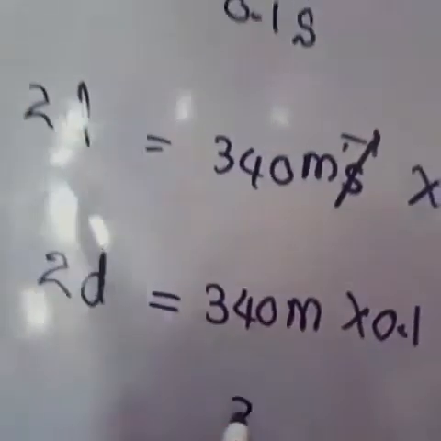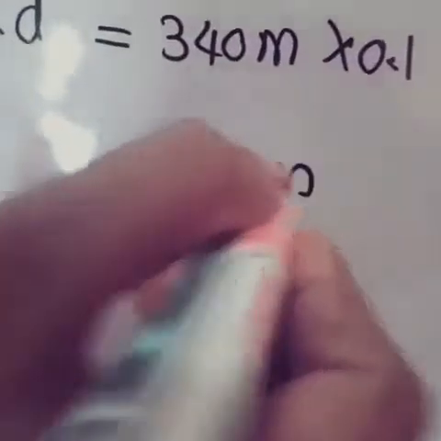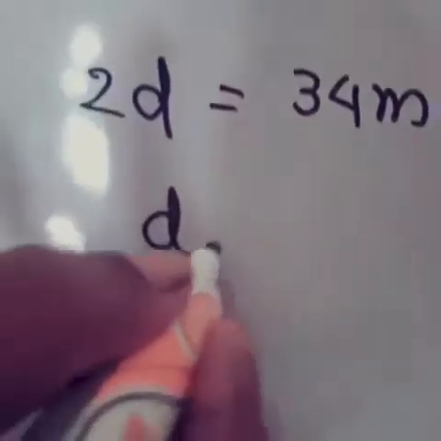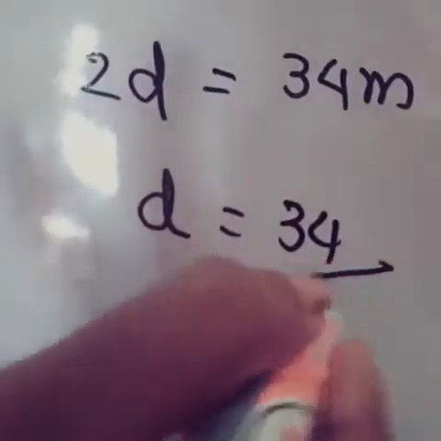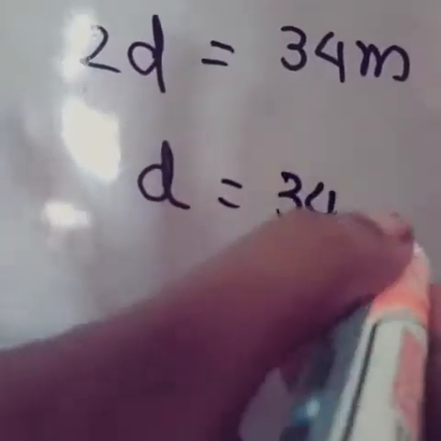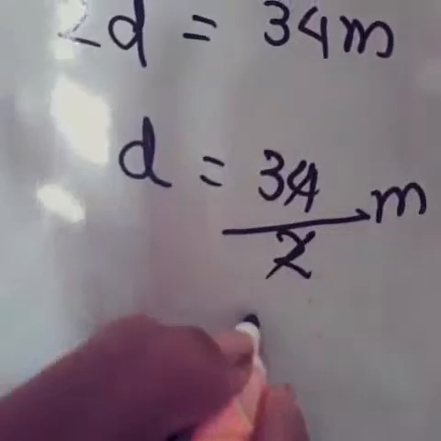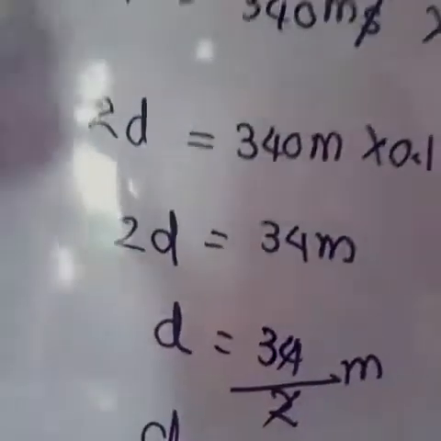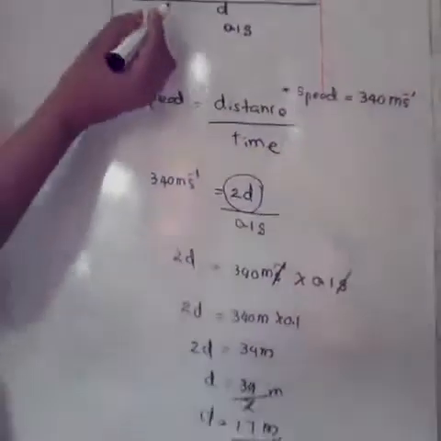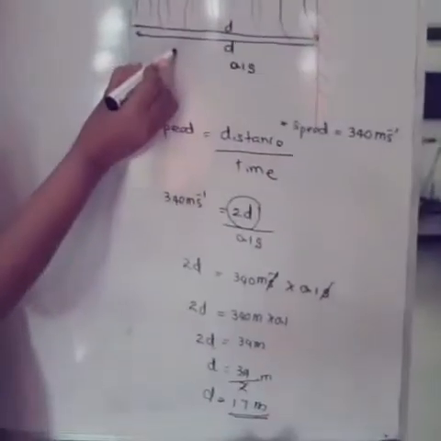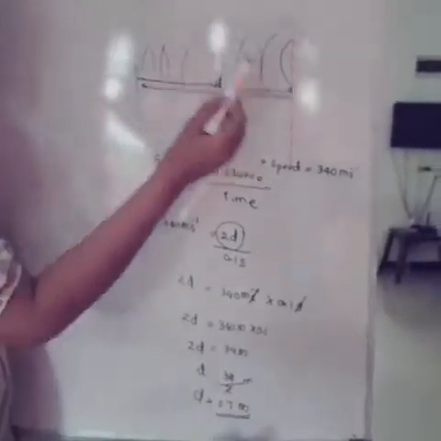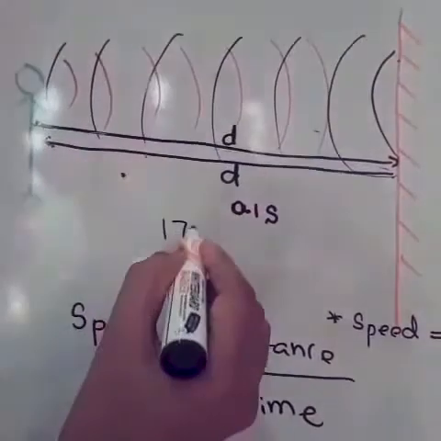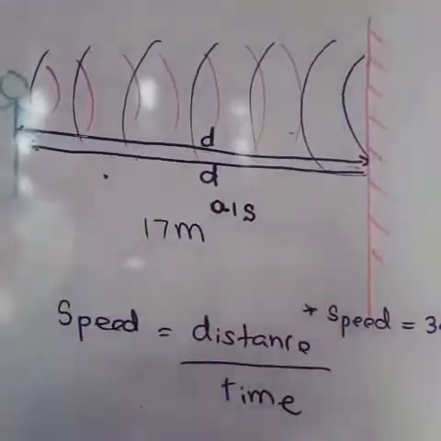So the final answer comes as 34 meters equals 2d. If we want to find the d, it means 34 divided by 2 meters. That means 17 meters. Therefore, the distance between the source and the obstacle should be at least 17 meters or more than that.